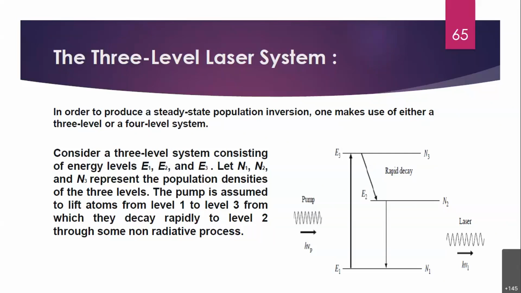Okay, so level 2 is, I mean the lifetime of level 2 is large compared to level 3, because you were able to roam around the school campus for 10 minutes after coming early to school, but once you come into the class, your 4 to 5 lectures continue, that means the lifetime of level 2 is quite large. Okay, so I assume that the 4 to 5 hours of lifetime is your level 2, and there you need to spend a lot of time. Okay, and once after spending this much amount of time interval, again you want to go back to home.